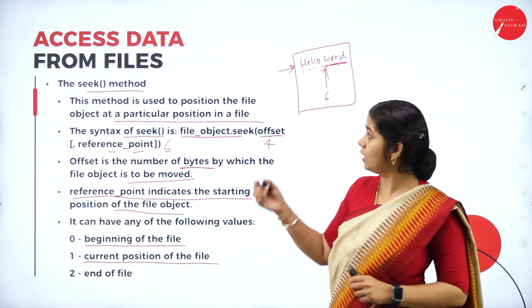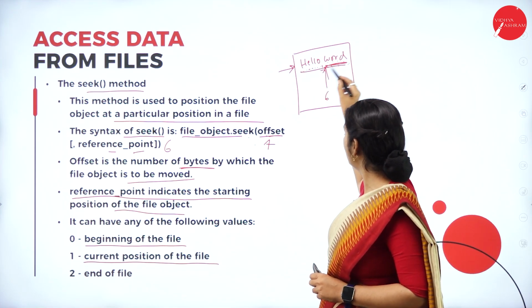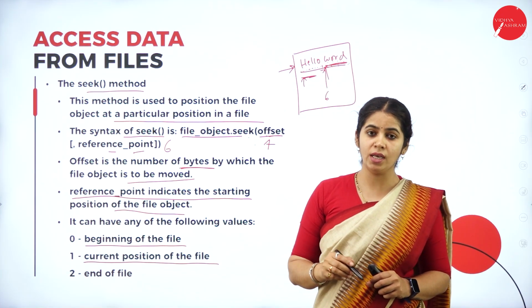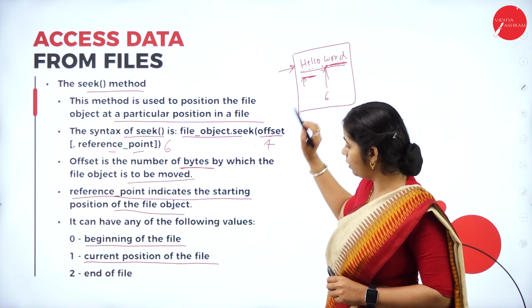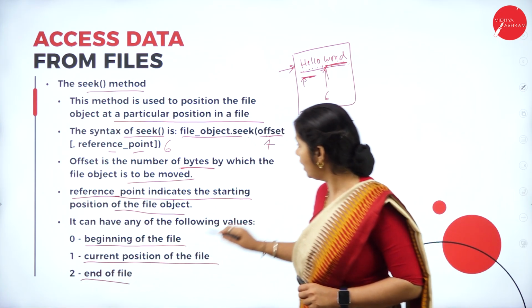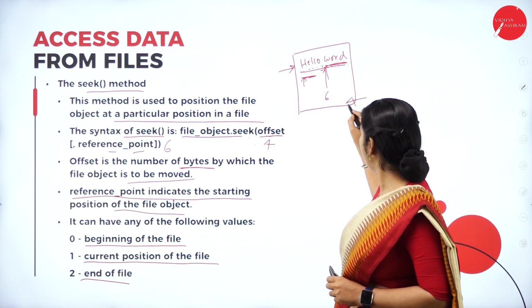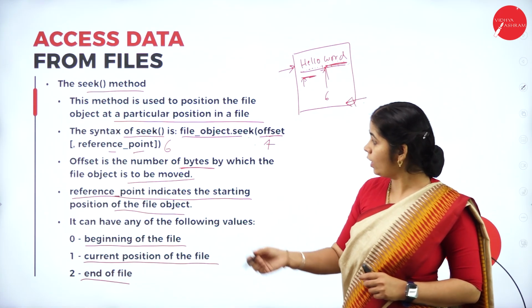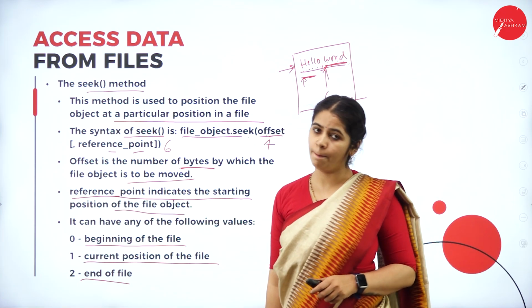So much I have written, and now I want to seek the next string or the next character; that is the current position. Or it can be at the end of the file. Any position can be your reference point.